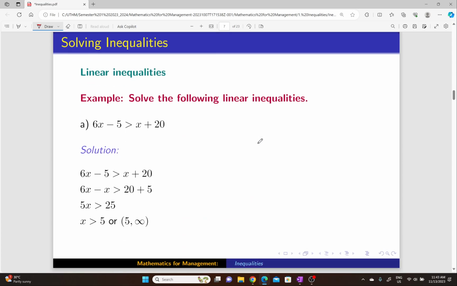Now let us move on to solving inequalities. The first type of inequality we're going to see is linear inequalities. Linear inequalities are solved exactly the same way as any equation. In this case you bring the variable to your left hand side.